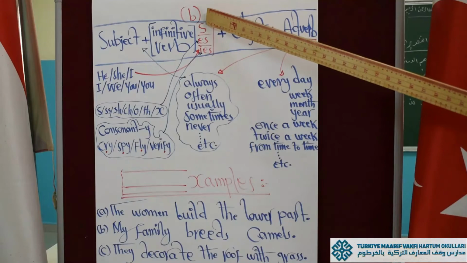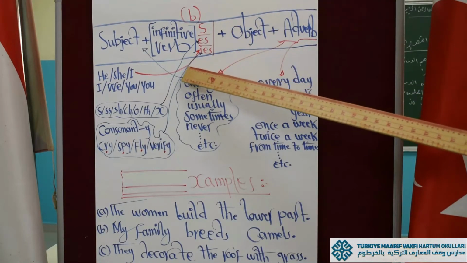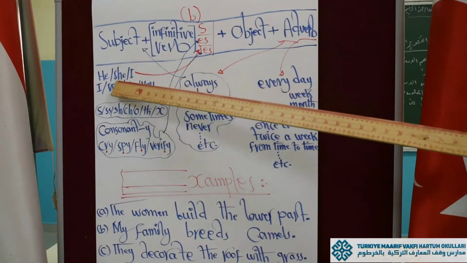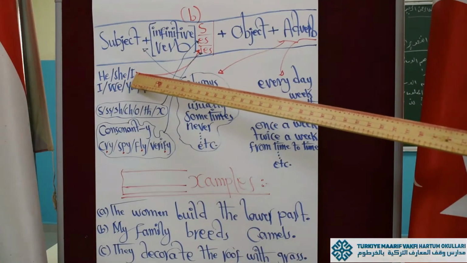This infinitive form can take S or ES or IES on condition that the sentence begins with he, she, it, or the subject is he, she, it.